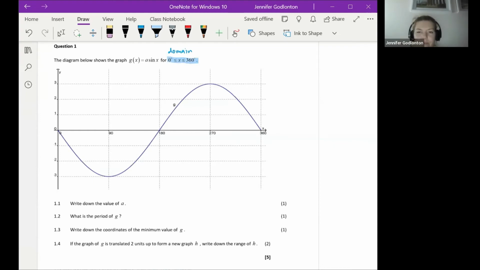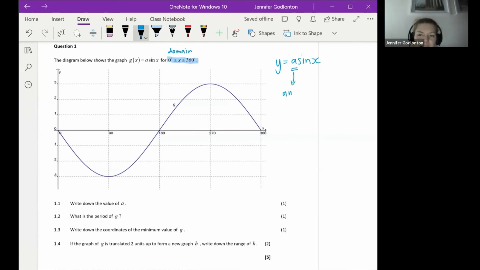Okay. Now remember, your formula for a sine graph is y is equal to a sine x plus q. They haven't got a q here, which means our q is 0. So we only have to worry about that a. What does the a stand for in a sine graph?